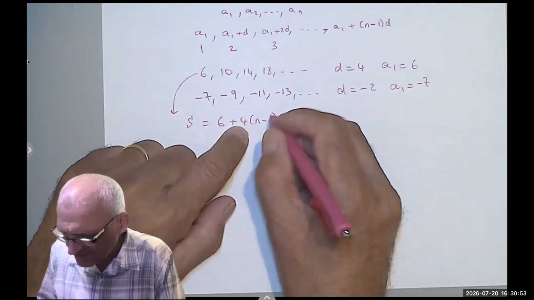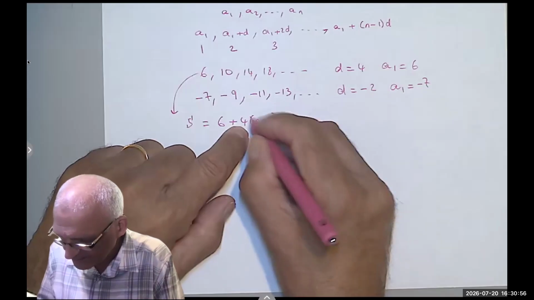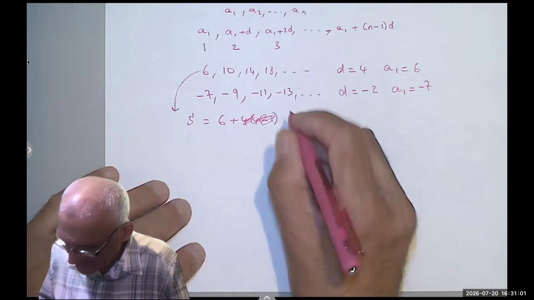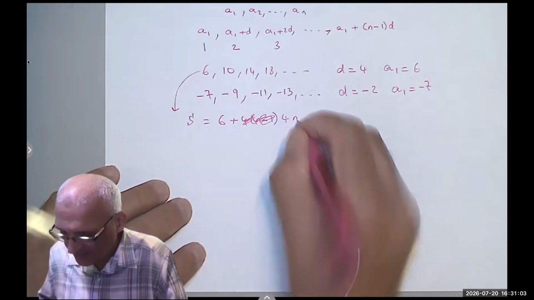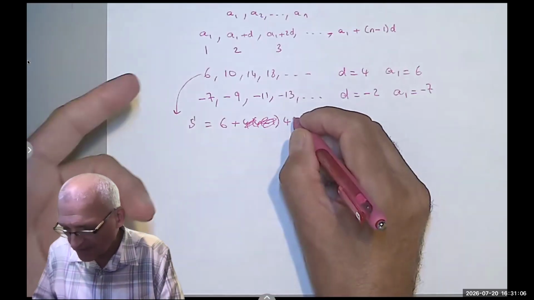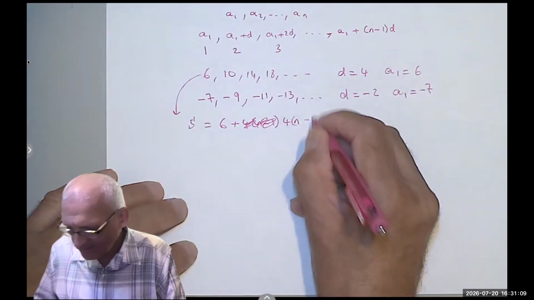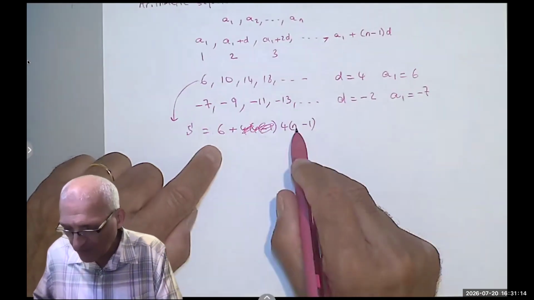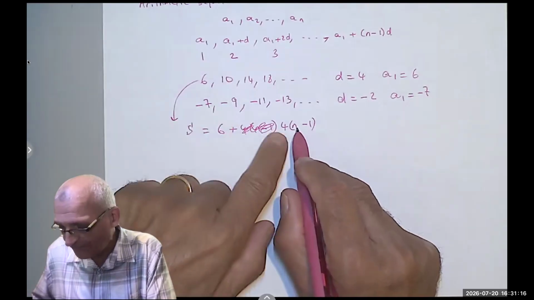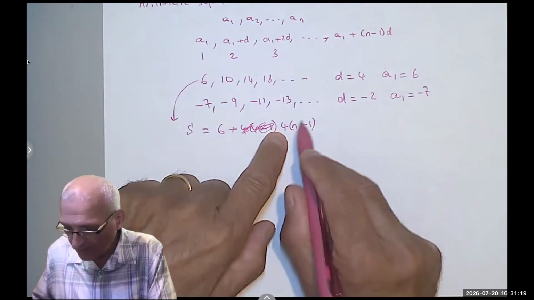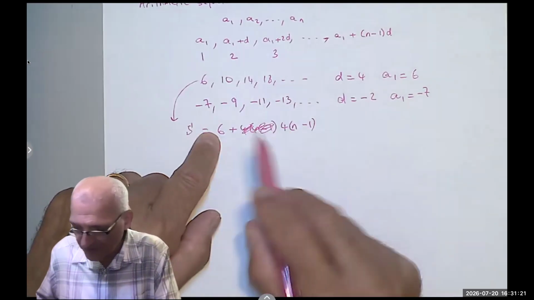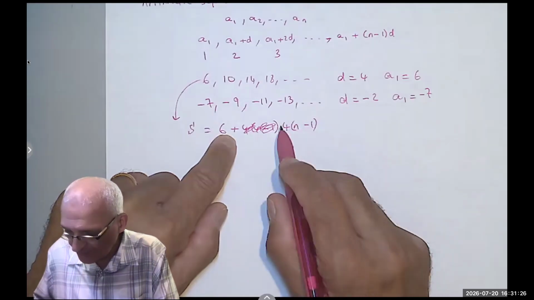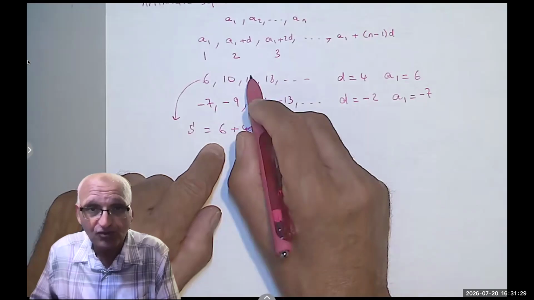Why did I say n minus 1? Because I'm adding, it was correct. 6 is the first term, and then when you make n equals 2 to get the second, you would say 6 plus 4 times 2 minus 1. 2 minus 1 is 1, plus 4 is 10. What about the third? 6 plus 4 times 3 minus 1. 3 minus 1 is 2. So 4 times 2 is 8, and the 6 is 14.